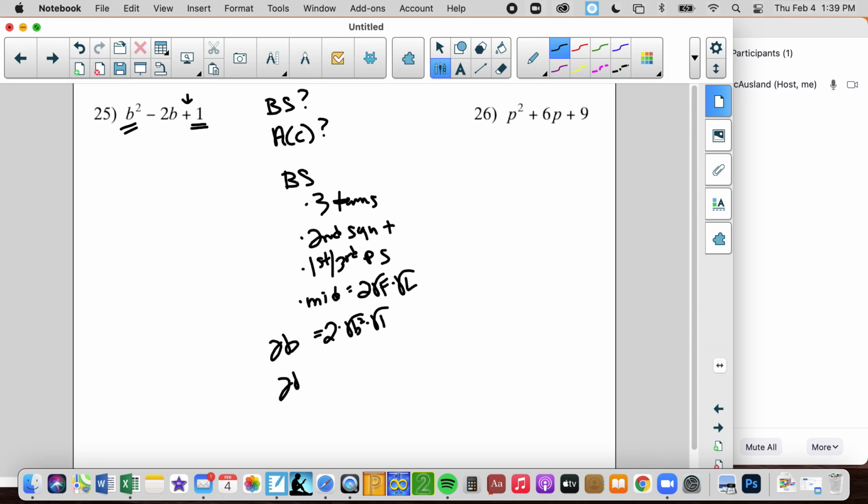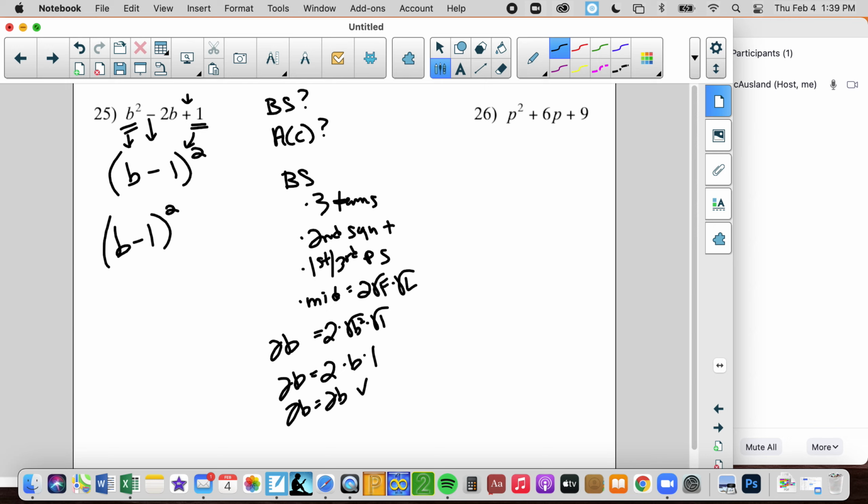So does 2b equal 2 times b times 1? 2b equal 2b? Yes. So this is a binomial square. So the binomial square is the square root of the first, the square root of the last, quantity squared, and we bring down this sign. So my answer is going to be the quantity b minus 1 quantity squared.